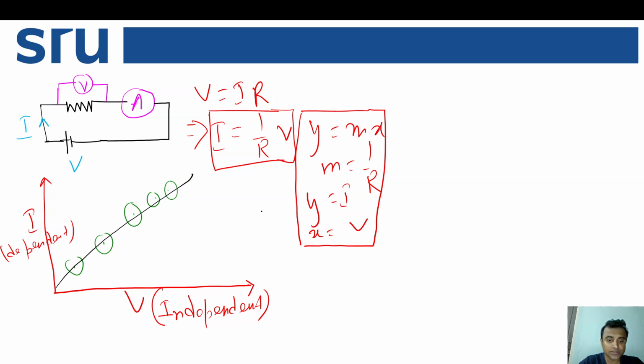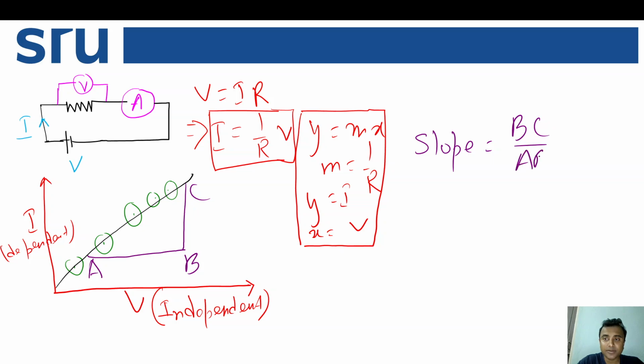In this particular case, we can simply draw a triangle in this IV curve and name it ABC. So the slope of the curve is basically BC by AB.